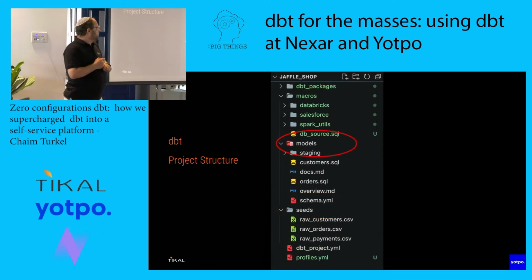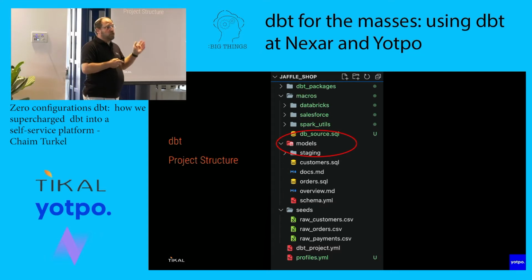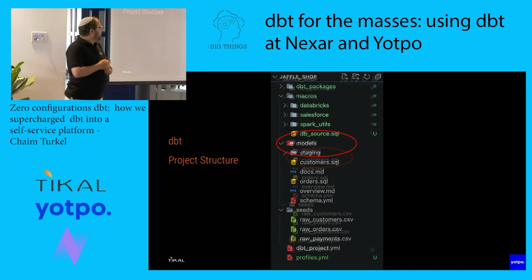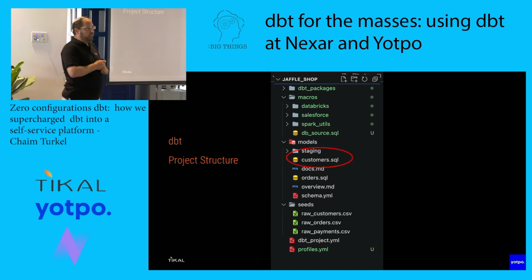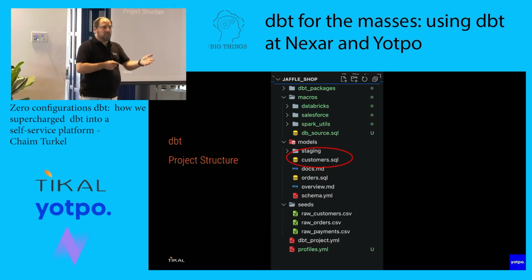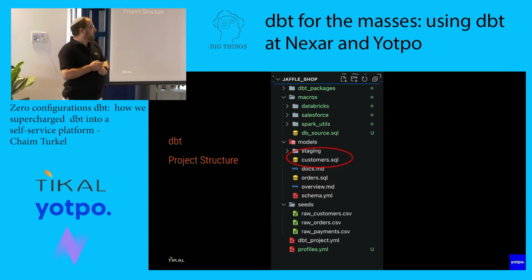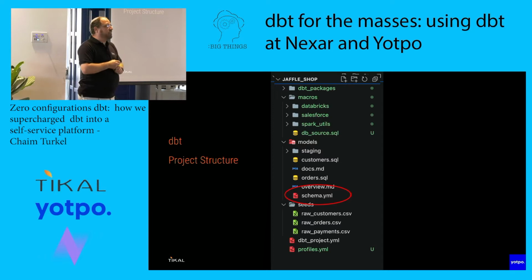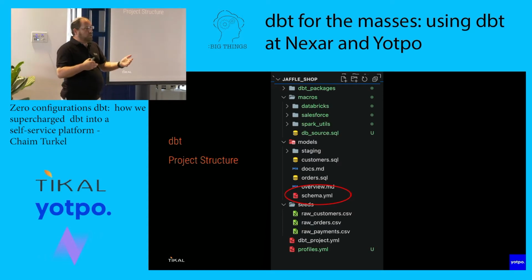Then we have the models, which obviously is the major part of DBT. It consists of SQL files, which is the SQL that I will actually write. And we will dive in a bit to each type of file and see what they look like. For each SQL file, you also have a YAML file, which describes the SQL and gives extra metadata about the SQL so that DBT can then infer information and add it to the documentation.